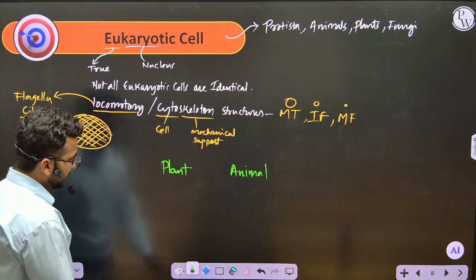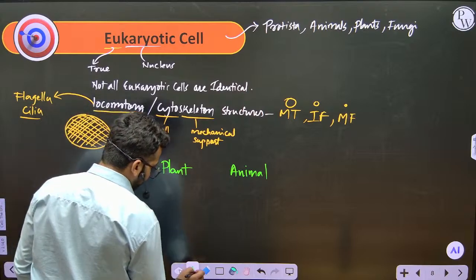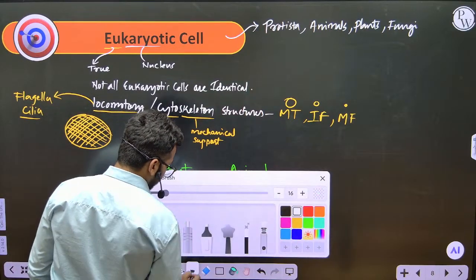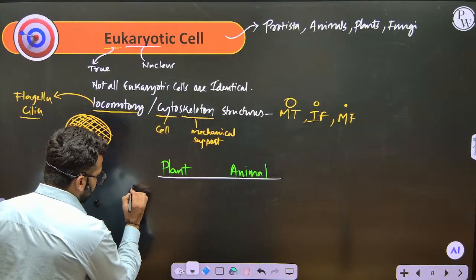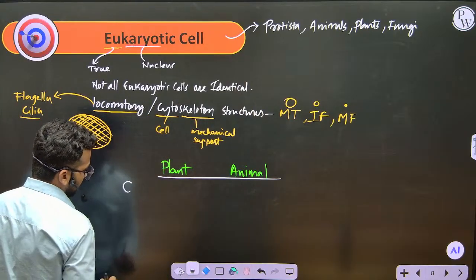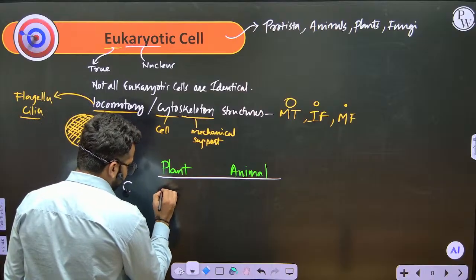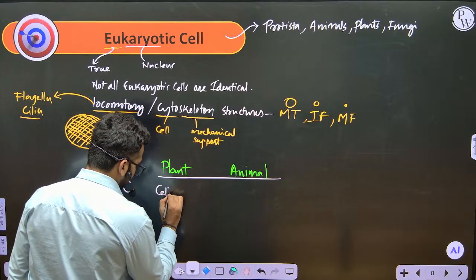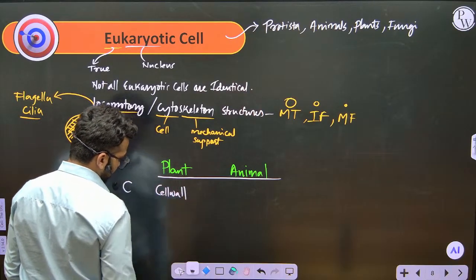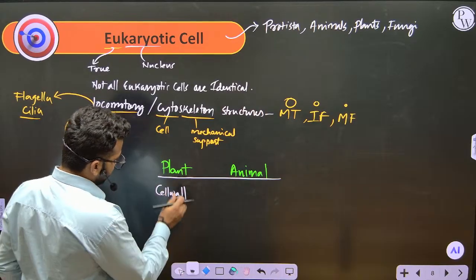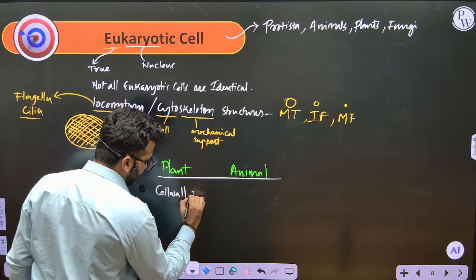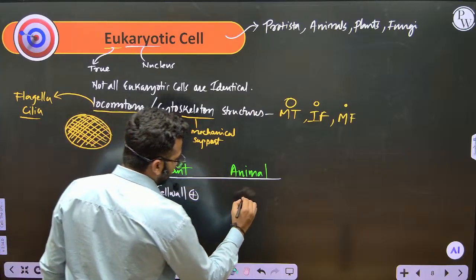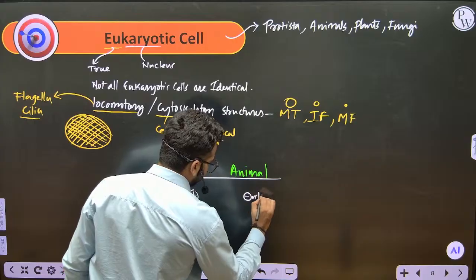You need to remember the 4C concept here. In the case of plant cell, the first thing is the cell wall. In the case of plants, the cell wall is present. In the case of animals, the cell wall is absent.